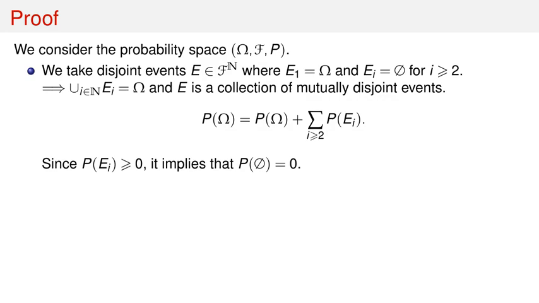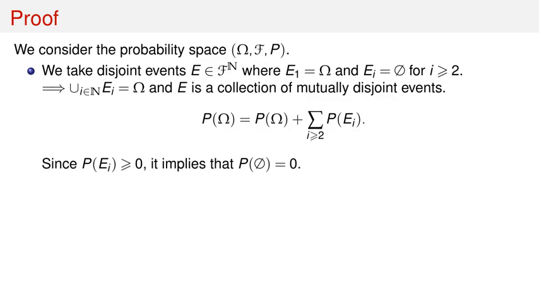Let's prove some of these properties. We are working within a probability space (Ω, F, P). For the impossibility property, P of empty set equals 0, consider a sequence of disjoint events E_n in script F, where E_1 equals Ω and E_i equals empty set for all i greater than or equal to 2.